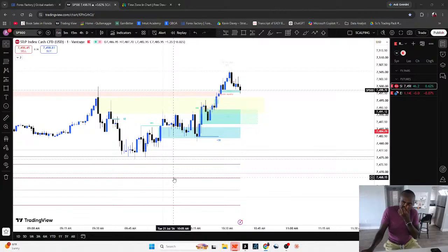I think that this is sell side. I don't trust these lows.